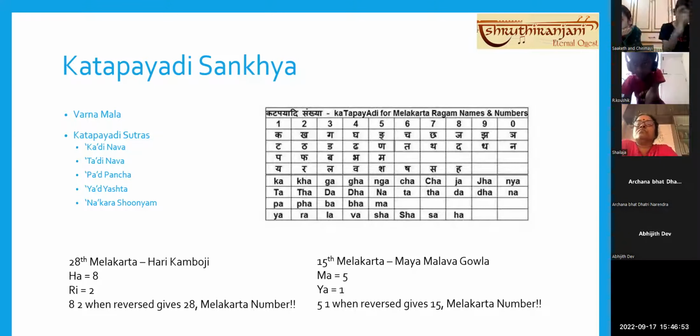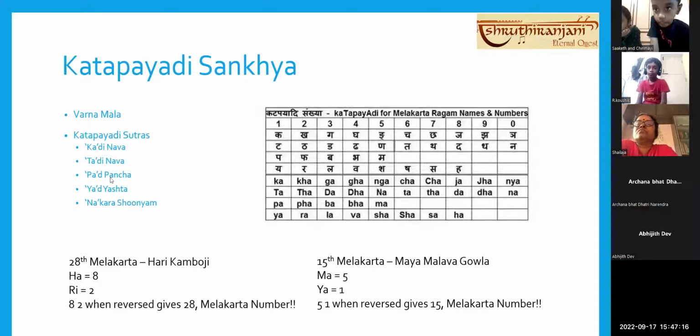In the South Indian languages, except Tamil, all the other languages have the Varnamala. Ka, kha, ga, gha, nga, cha, chha, ja, jha, nya, ta, tha, da, dha, na, ta, tha, da, dha, na, right? Pa, pha, ba, bha, ma, ya, ra, la, va, sha, sha, sa, ha. So you see that Varnamala written here. There is a connection between this and the Katapayadi Sutras.